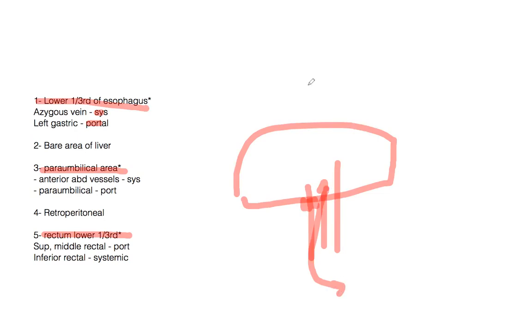تمام؟ يلا due to this backflow of blood بيبقى في really increased pressure in the portal vein, increased blood in the portal vein. نسميه portal hypertension. يلا ما يحصل portal hypertension, the blood is gonna go and it's not gonna find an area to go to except these 5 areas, because in these 5 areas the blood can go from the portal to the systemic, therefore reducing the pressure.